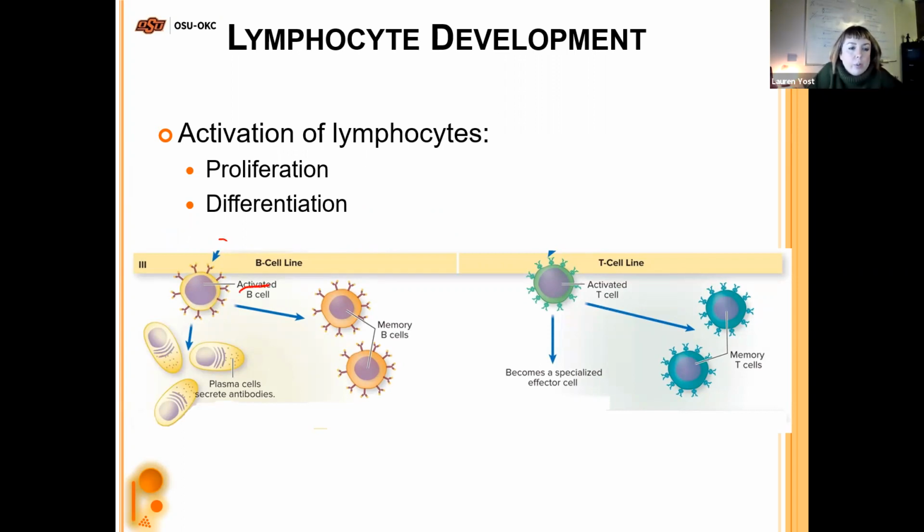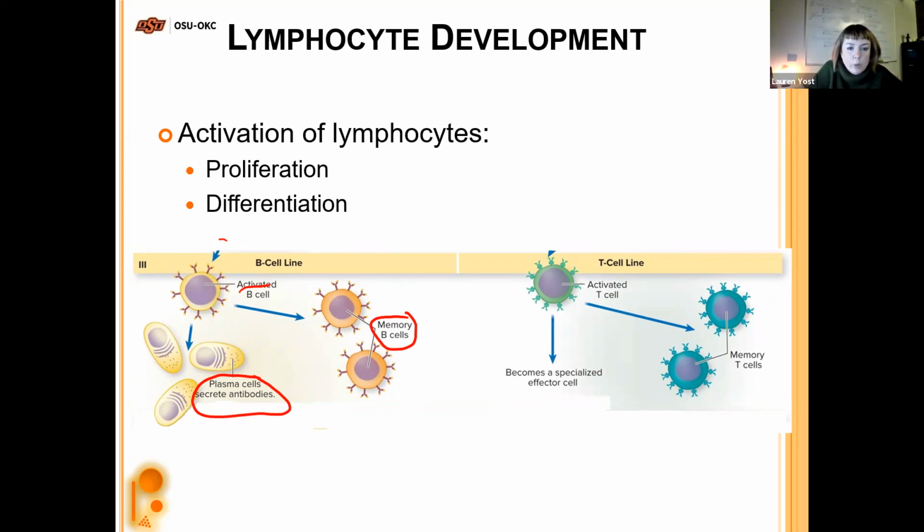They can turn into plasma cells that secrete antibodies. That's the whole point of most of this, right? And then memory cells. That happens right away. So we set aside those memory cells pretty much right away when this is going on, so that the next time you see whatever this is, your body can protect you against it way faster, because it has those set aside.